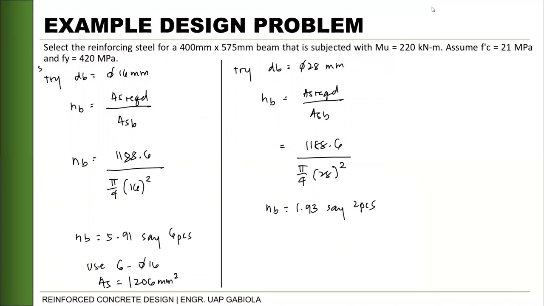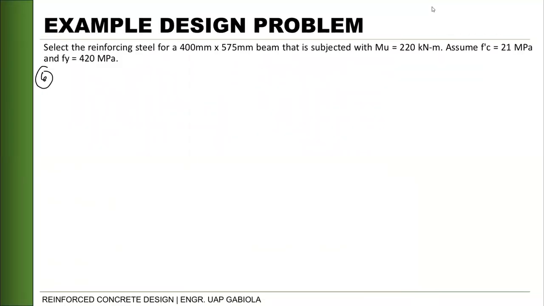This is our step 5, so step 6 is checking of NSCP requirements. Our As provided that we will use now is 6-16. Its area is 1206 mm squared, which is 6 pieces of diameter 16.